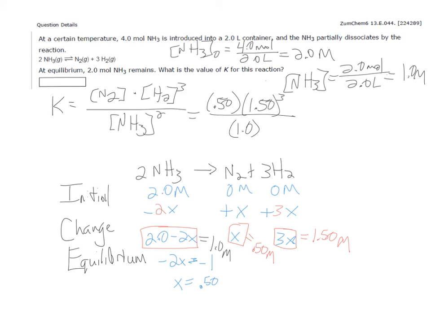And in the case of NH3, it was 1. And I guess in the case of 1, mathematically it doesn't matter if you carry that exponent through, but if it were anything other than 1, it does matter. So if we take out our calculator and punch the number in, this works out to be 1.69 for your value of K.